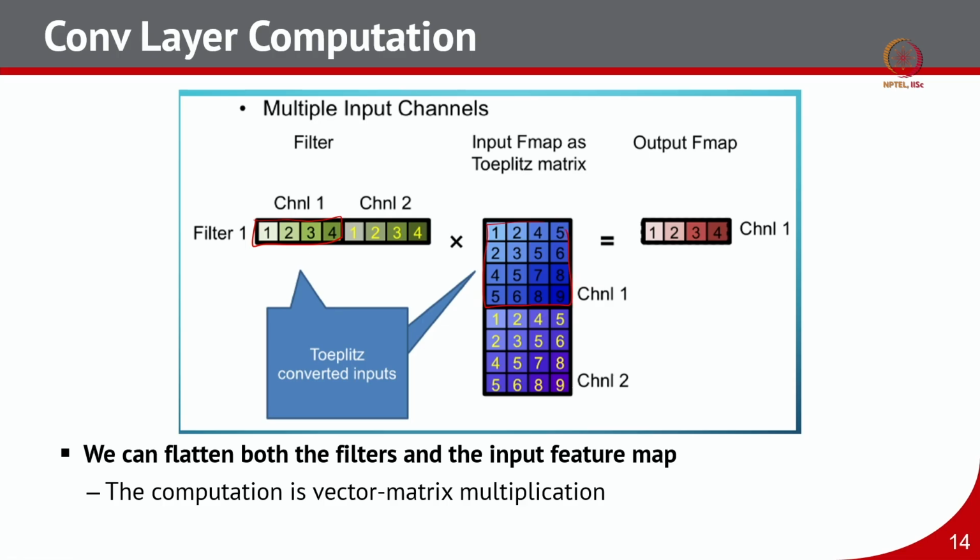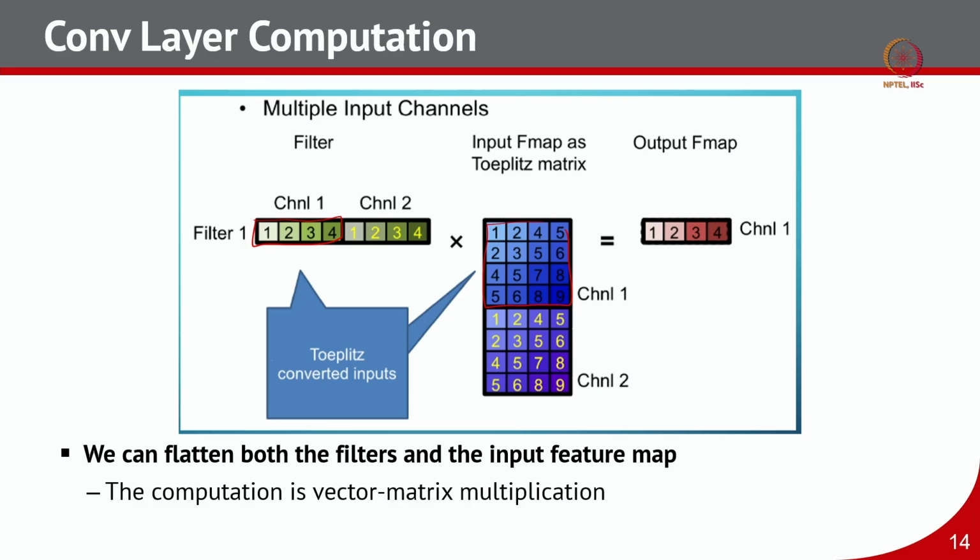Now, with 2 channels, we have to align the flattened filter and the flattened input feature map in such a way that the filter values of channel 1 get multiplied with the values of the input feature map in channel 1, right.